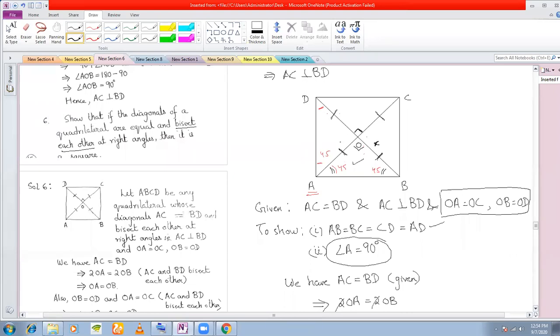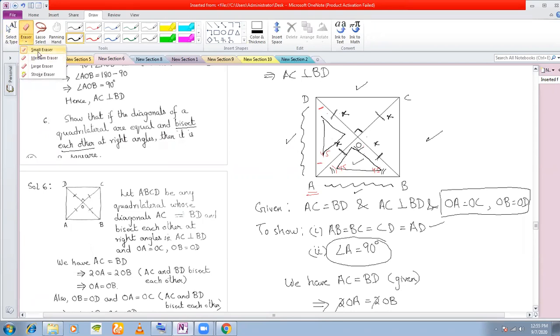You take all these lengths to be x: OA, OB, OC, and OD. Now, this is a right angle triangle, right? So you can find out the hypotenuse. Similarly, consider this right angle triangle. Two sides you know, you can find out the hypotenuse. You will show that this is equal to this. Similarly, this is equal to this. Therefore, all four sides are equal.